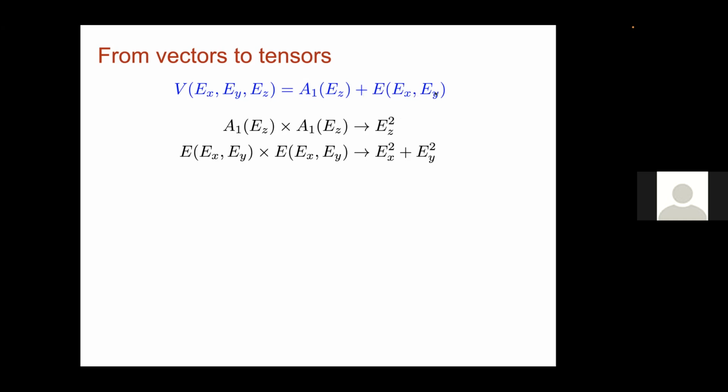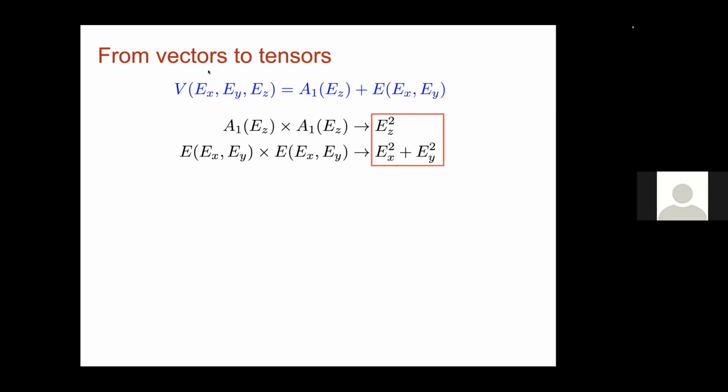However, from here, I could construct other quadratic things. I could construct also EX times EY. Well, there is the theorem that I'll prove at the end of today's lecture, if I have time, that tells you that from any irreducible representation like this, from just one irreducible representation, the only invariant is the norm, EX squared plus EY squared. So this means that we have obtained all the invariants.